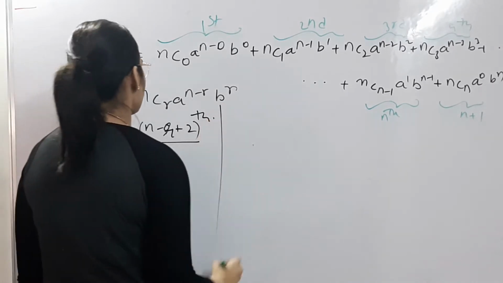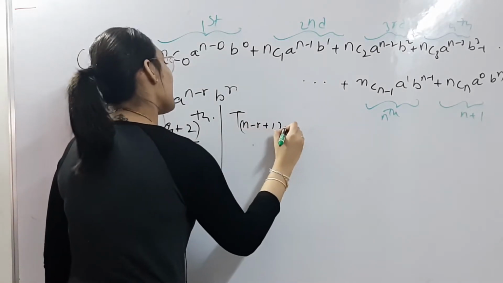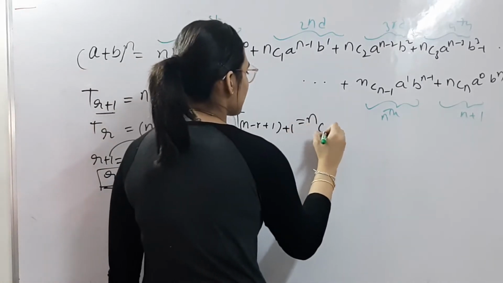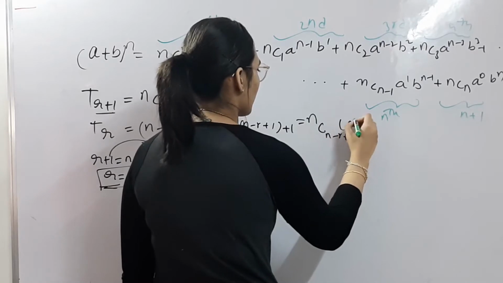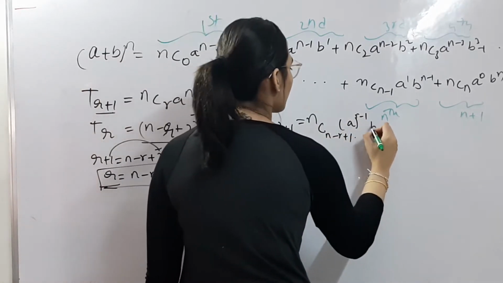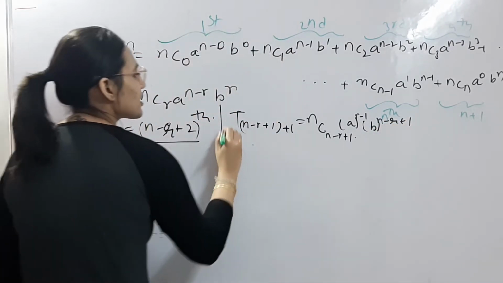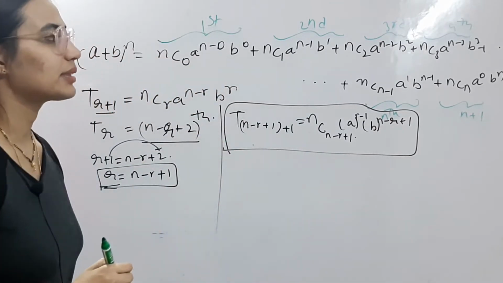So, in short, T(n-r+1+1) is equal to nC(n-r+1) a to the power of r minus 1. If you cancel, you get that. And b to the power of n minus r plus 1. So, this is how you find the rth term from the end.